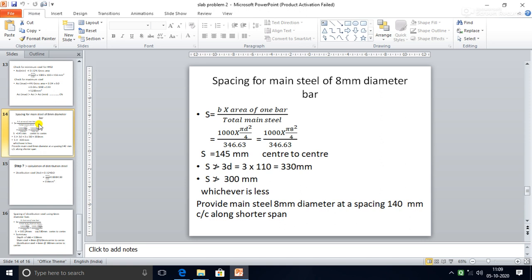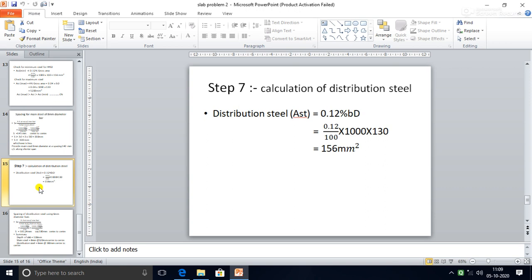Then the next step is the calculation of distribution steel. This distribution steel is taken as 0.12% of gross area, but see here, actually we are using 6 mm diameter bars, and it is a plain steel, so we have to take it as 0.15% of gross area. So take 0.15 here.